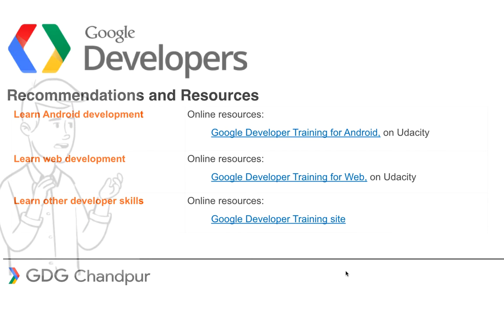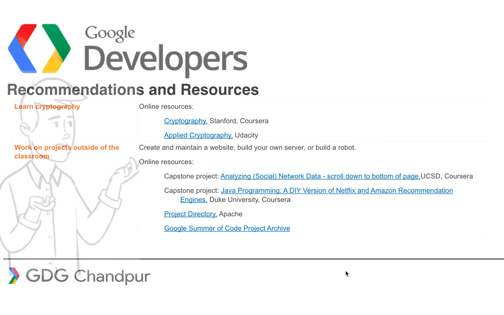Google Developer Training Site. Learn Cryptography. Online resources. Cryptography, Stanford, Coursera. Applied Cryptography, Udacity. Work on projects outside of the classroom. Create and maintain a website, build your own server, or build a robot.